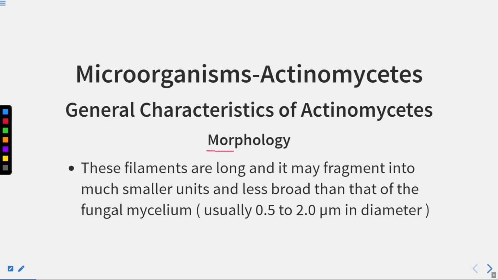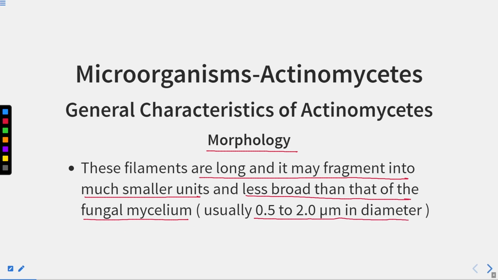So let us study the morphology of the actinobacteria. These filaments are long, and they may fragment into much smaller units and are less broad than the fungal mycelium, usually 0.5 to 2 micrometers in diameter.